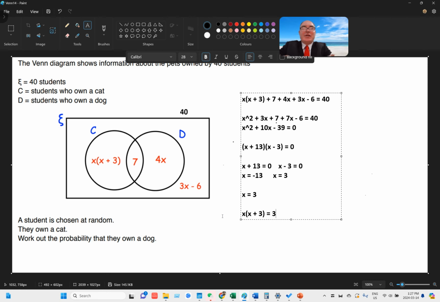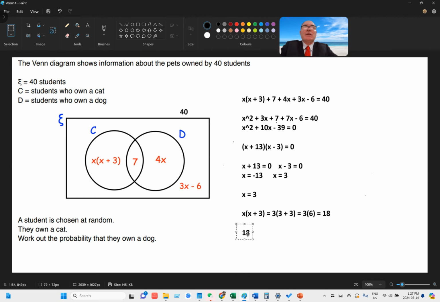It's equal to 3 times 3 plus 3, which is equal to 3 times 6, which is equal to 18. Let's write that again, 18, because I'm going to grab this and put it up here. I'm not going to cover this up.